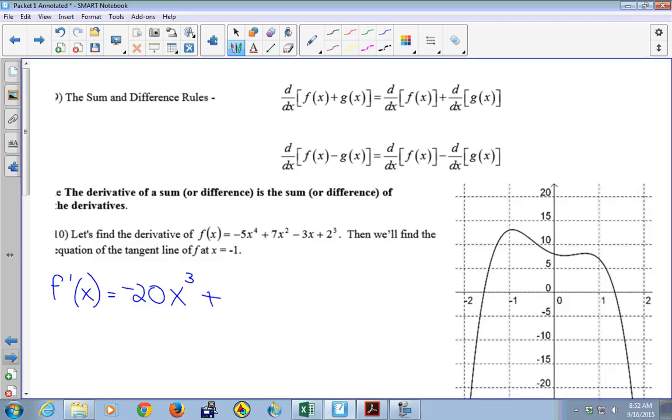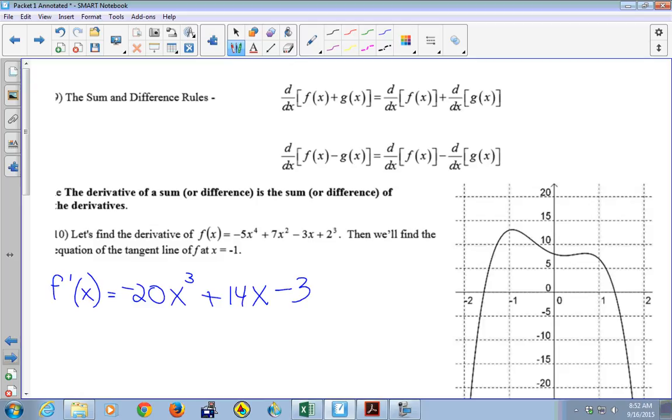The derivative of 7x squared would be 14x to the first, yep. The derivative of negative 3x, negative 3. The derivative of 2 cubed, why is it 0?